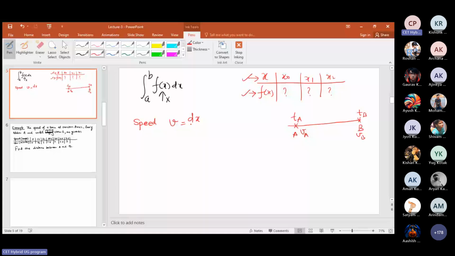So rate of change of position is actually nothing but your speed or velocity. So V is actually dx by dt.